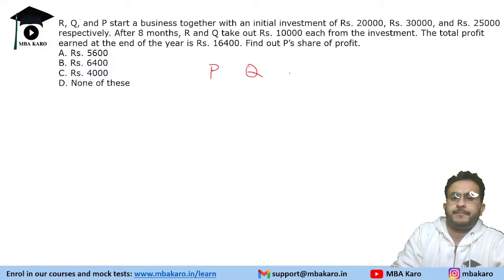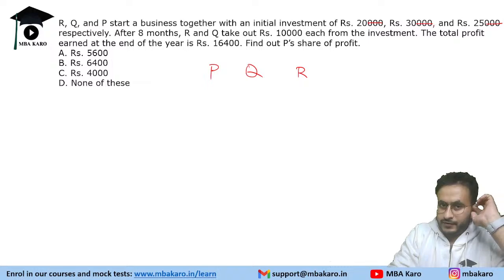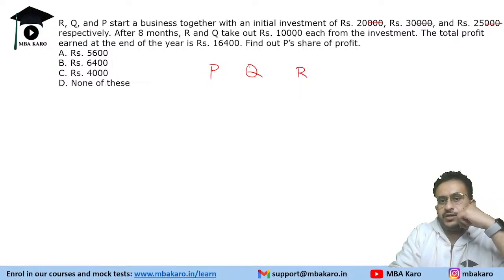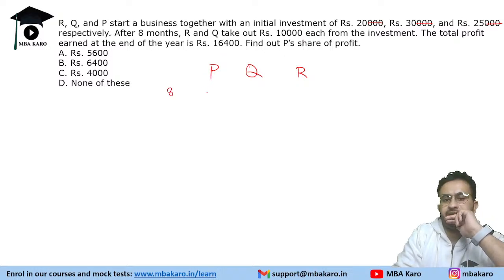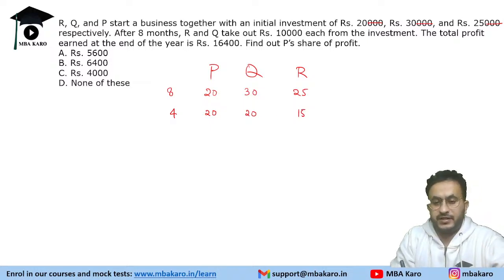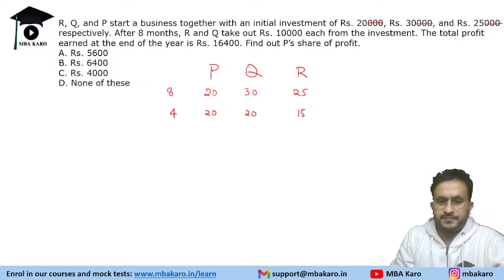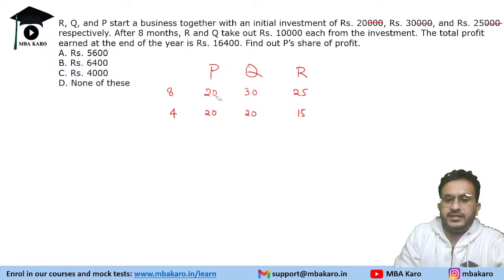So P, Q, R: 20, 30, and 25. Now R and Q take out 10,000 each. So for 8 months they have 20, 30, 25, and for 4 months they have 20, 20, and 15. Now, to simplify the ratios, divide all by 5, or you can divide by 10 directly.